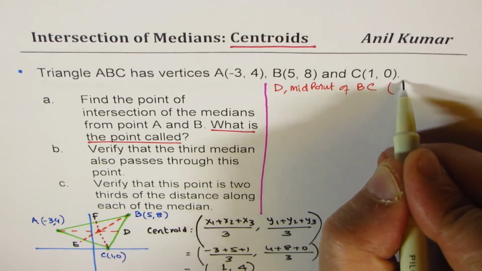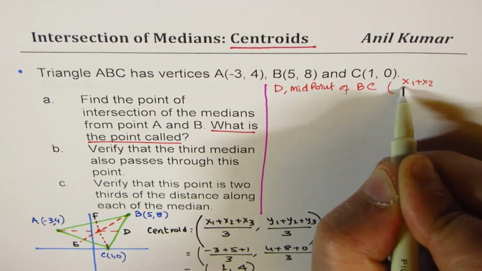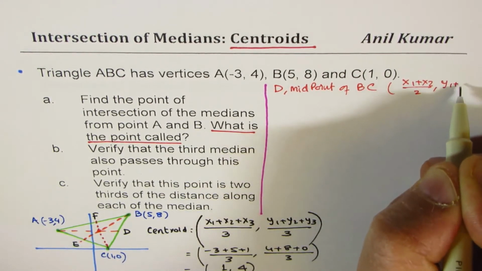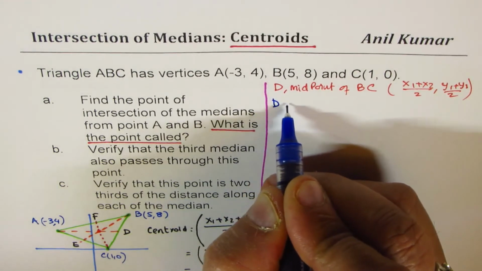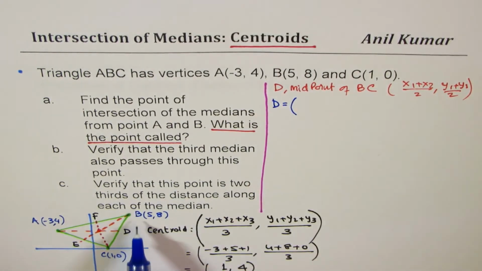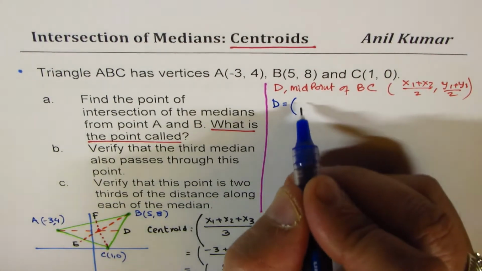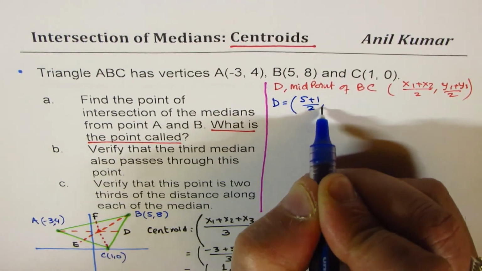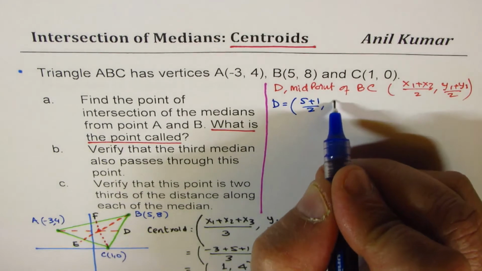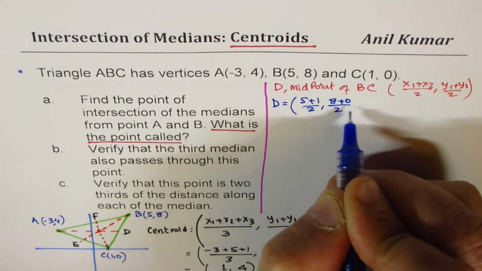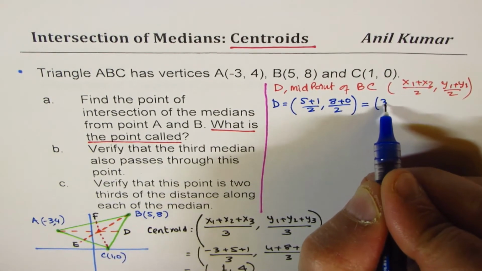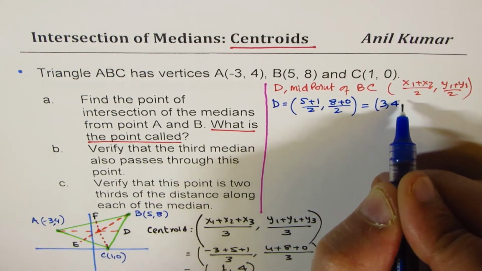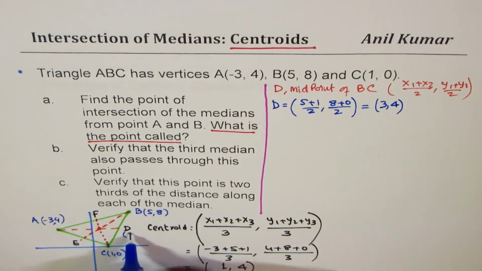We'll use the formula (x1 plus x2) divided by 2, (y1 plus y2) divided by 2. So the midpoint D is (5 plus 1) divided by 2 and (8 plus 0) divided by 2. That is 6 divided by 2 is 3, 8 divided by 2 is 4. So we get this point as (3, 4).